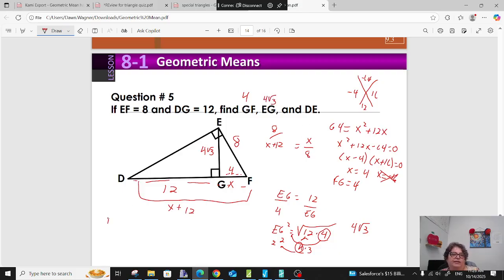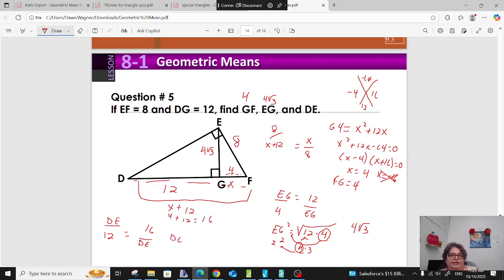DE would be DE up, DE down, because again, it's the geometric mean on the outside. It's the side it touches, which would be the 12, and the whole hypotenuse. Since x is 4, the whole hypotenuse is 16, because 4 plus 12 equals 16.